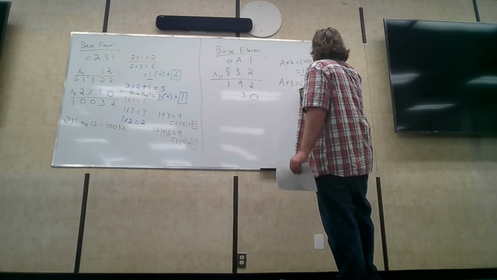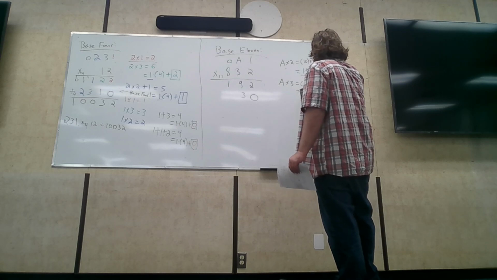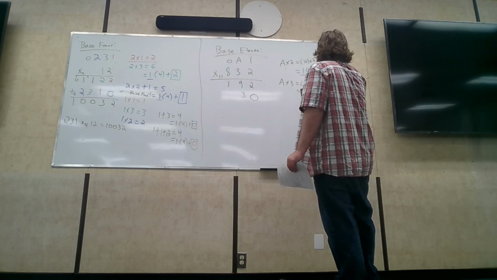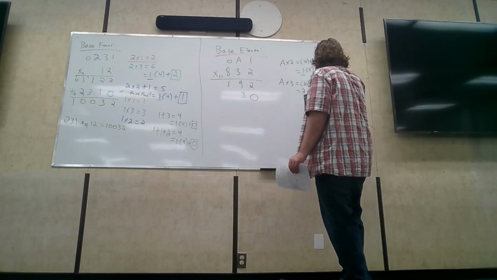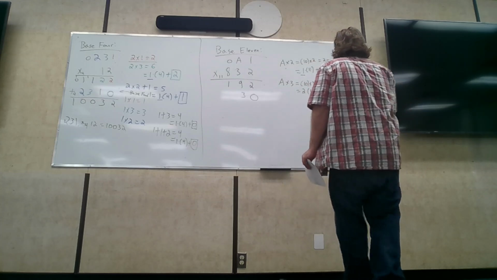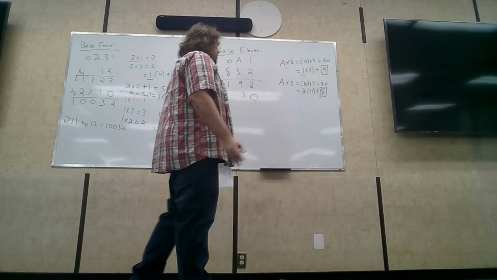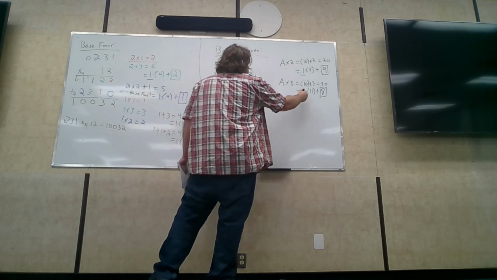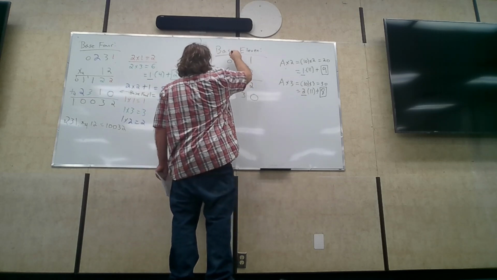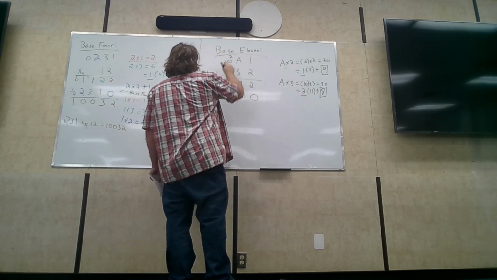But now this is 2 times 11 plus 8, right? So now we have 8 left over, so we write the 8, and we carry the 2. Same thing, 3 times 0 plus 2 is 2.